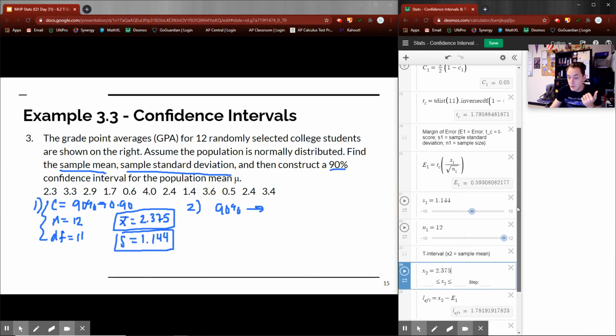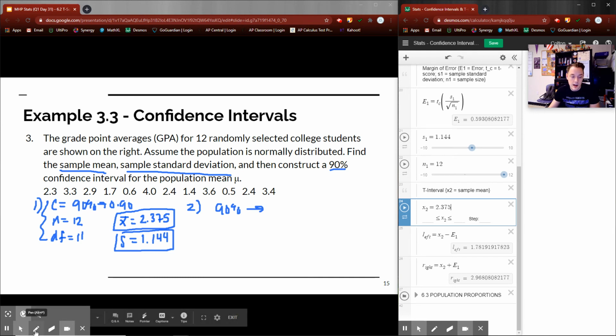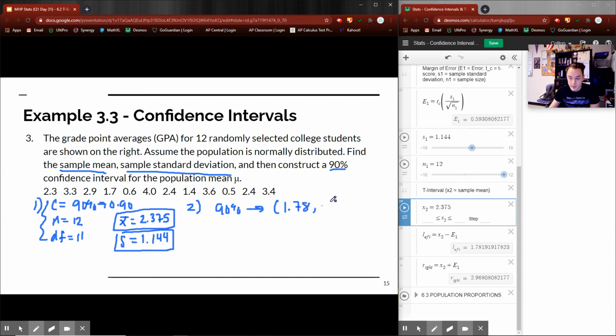And now for the big reveal, my confidence interval is 1.78, 2.97. So that means you can be 90% confident that the population average for this group of 12 randomly selected students is around 1.78 to 2.97.